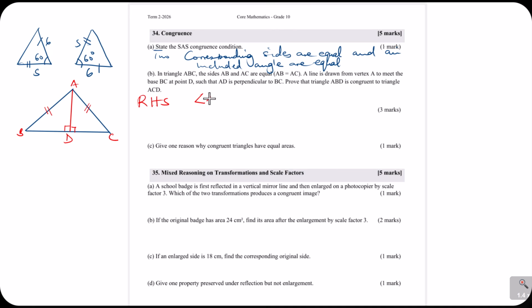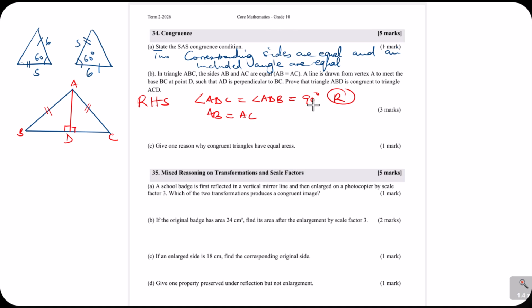So angle ADC is equal to angle ADB, which is 90 degrees. That one satisfies the condition of right angle in the two triangles. And then we have the hypotenuse. Hypotenuse is given there. AB is equal to AC. So that is another marking point.